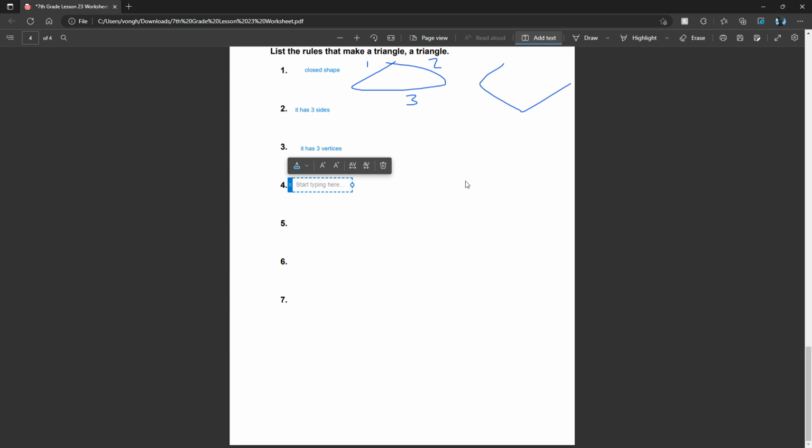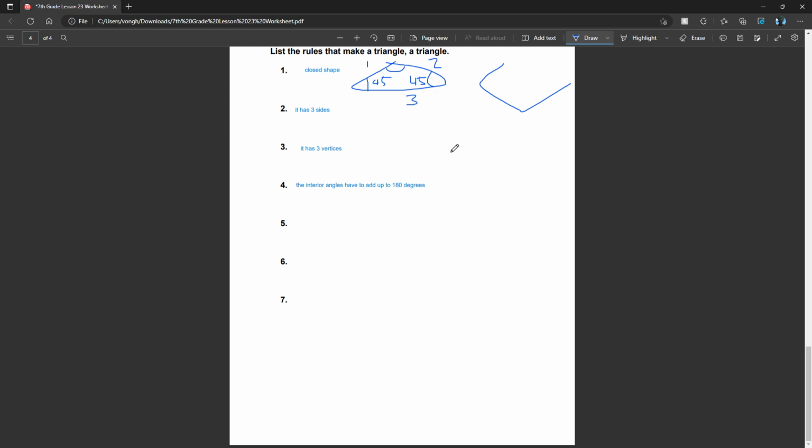Next thing, the angles. So the interior angles have to add up to 180 degrees. That's the fourth rule. That means these 3 angles are gonna have to add up to 180. So say this was 45, this is 45, right?